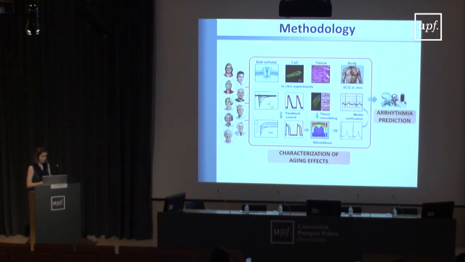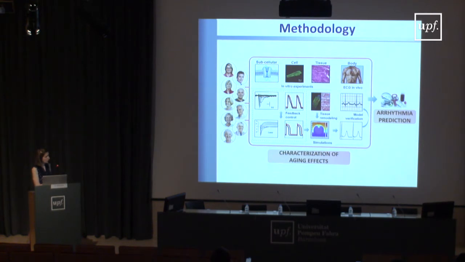So basically, in a graphic, what the methodology is about: we consider a large population of different individuals. We do several analyses at the subcellular, cell, tissue, and body surface level. With the data collected at the subcellular, cell, and tissue levels, we do different in vitro experiments, and the data that we get from the experiments we integrate into in silico models that we use to run simulations and compute ECG signals.